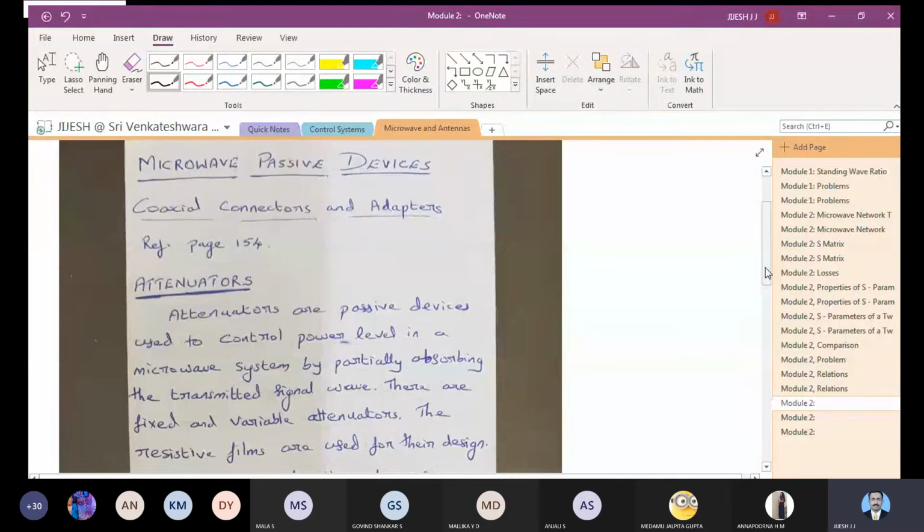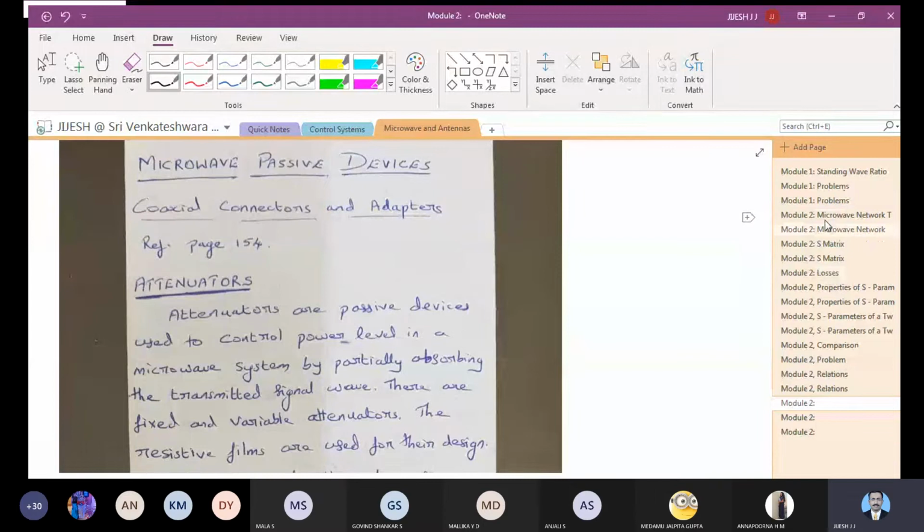You can refer to the coaxial connectors and adapters in Annapurna Das, and it is available on page number 154. We have already discussed connectors like the APC connector and all those things quite long back.